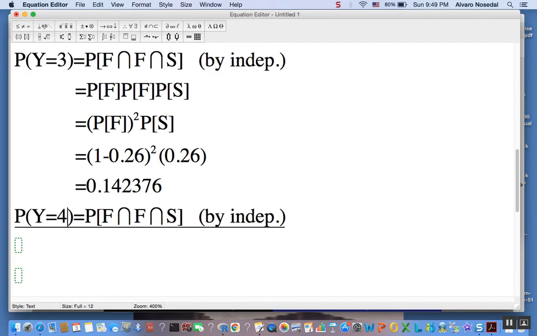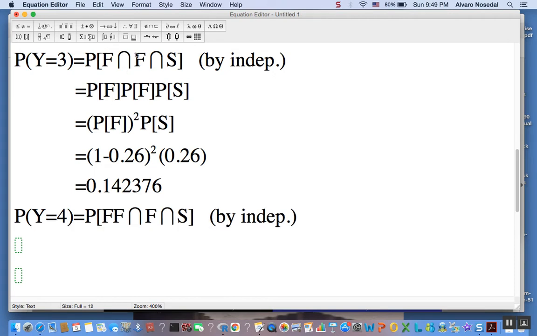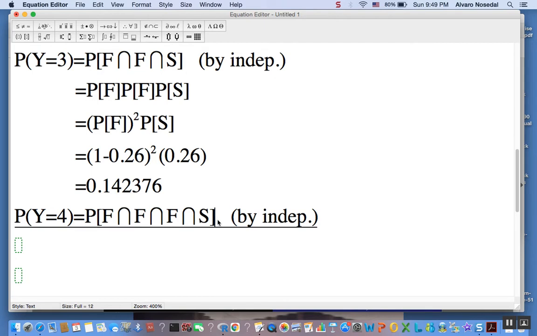So when y equals 4, what we need is first 3 failures, right? Because what we're saying here, remember that y is the number of trials until our first success. Okay, so in this case we need 3 failures first, and then the 4th trial is a success.